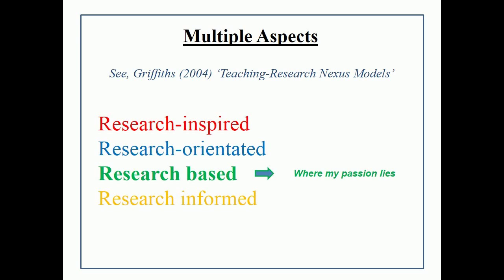However, according to research teaching nexus models, teaching can be research-led in other ways. For example, teaching processes can simply be research-informed, and by this I mean designing teaching practices or classes based on pedagogical research. Other examples include teaching being research-orientated, which involves teaching students about the process of research itself, rather than using research as a means to teach.